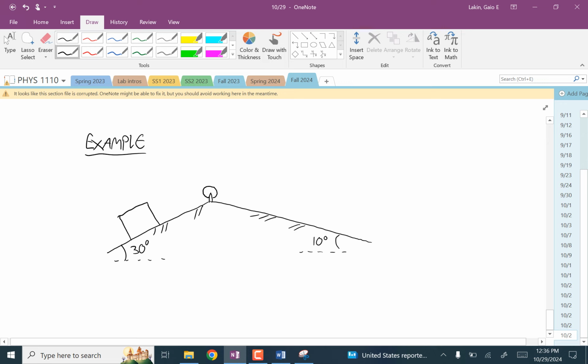On the 30-degree side, let's call that 10 kilograms. And let's make this frictionless, so I'll draw these wheels in here. And then on this side, let's say we have a 20 kilogram.